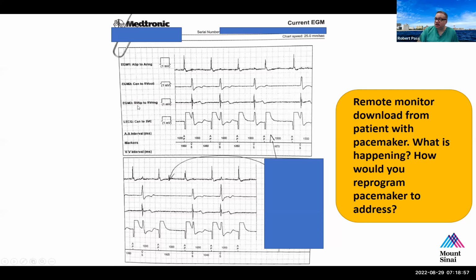Then the third electrogram is RV tip to RV ring. And so this is analogous to the atrial electrogram in that this is the recording that is made between the distal 2 electrodes on the lead. Medtronic's pacing leads are what are called true bipolar leads, meaning that there is a tip and a ring at the very end of the lead.